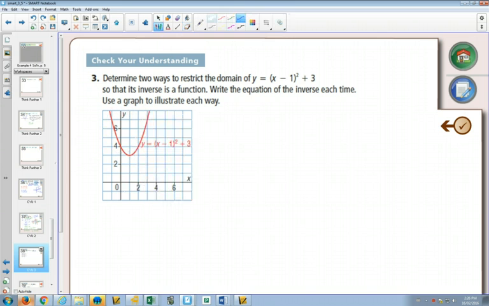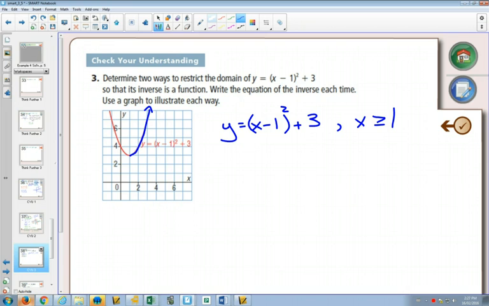So how do we do that? Well, the first one that we looked at was when we just did this part. I'll label that half in blue. The equation for that is still y equals (x minus 1) squared plus 3, but we're only looking at the blue graph when x is bigger than or equal to 1.